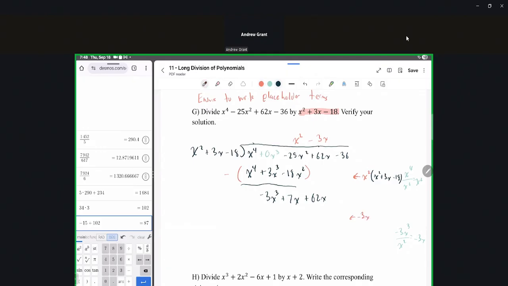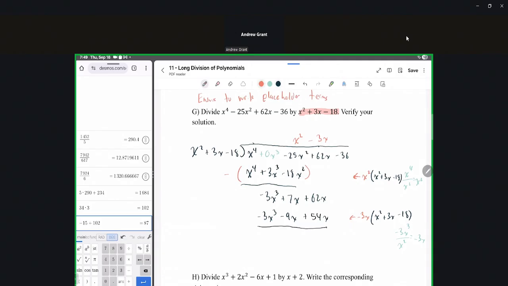And we're going to multiply it by x squared plus 3x minus 18. Okay, so negative 3x times x squared is going to be negative 3x cubed. Negative 3x times positive 3x is negative 9x. Negative 3x times negative 18, 20 minus 6. So that's going to be 54 of the x variety.